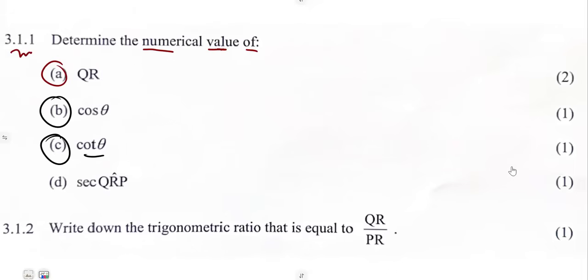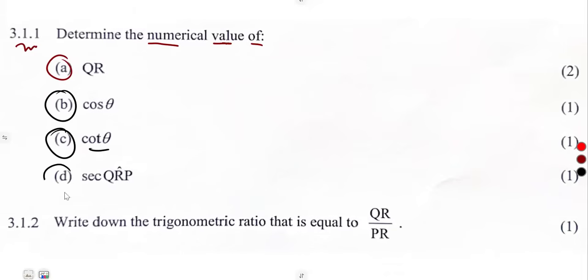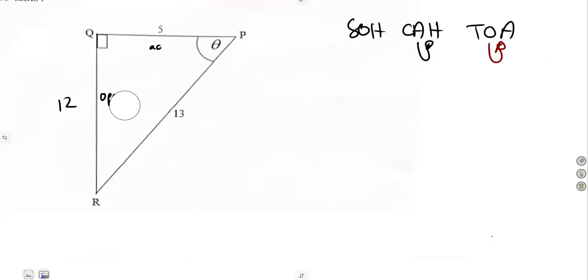But the part D, it is not about angle theta, it is about angle QRP. So according to angle QRP, this information changes. We are now referring to this angle here. This is angle QRP. This 5 becomes your opposite. They are facing each other.